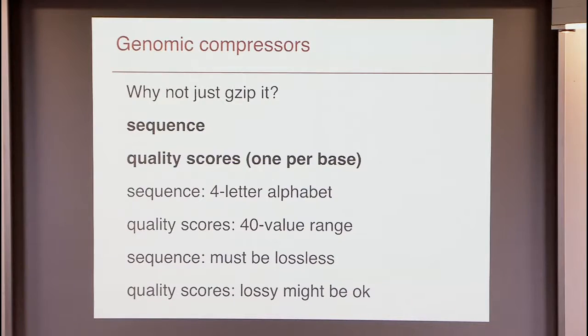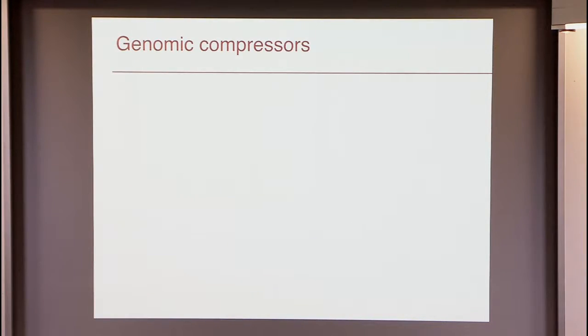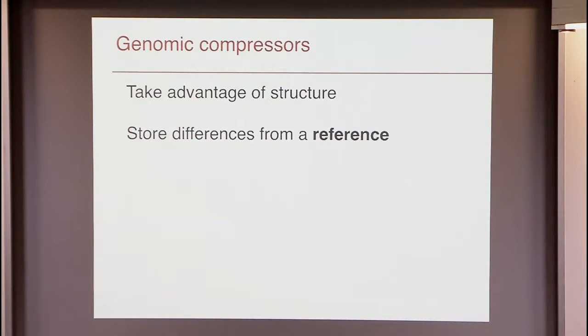The other way to think about this is, can we pre-process the data in some way that general purpose compressors can do a better job than if we naively gzipped our FASTQ file? So we want to try to take advantage of structure. Now, one way to do this is to store differences from a reference.